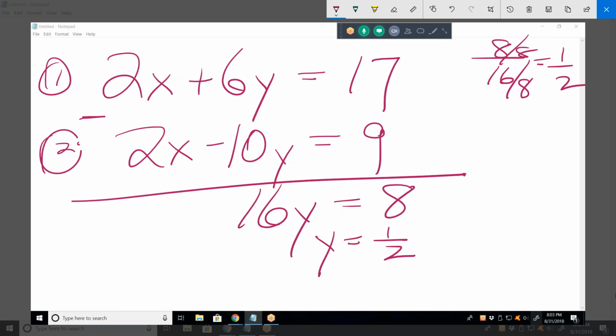And the reason that's significant is because I'd much rather that say 1/2 than 8/16, because I've got to choose one of these equations and plug that in to solve for x. I'm not done with the problem yet. Which equation would you choose?